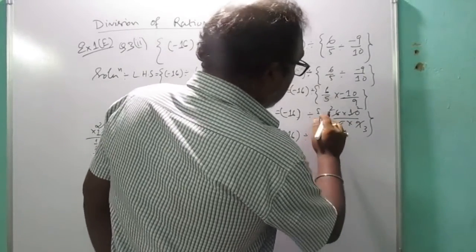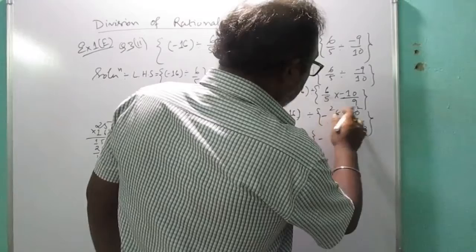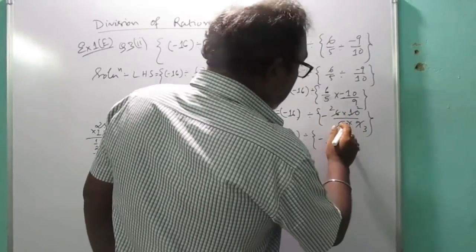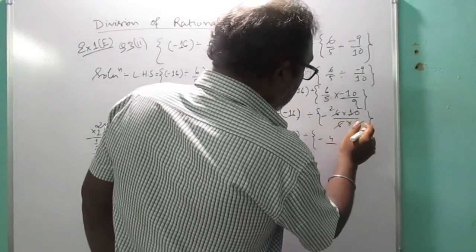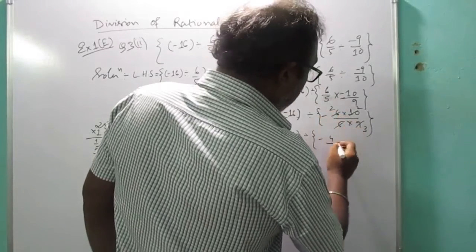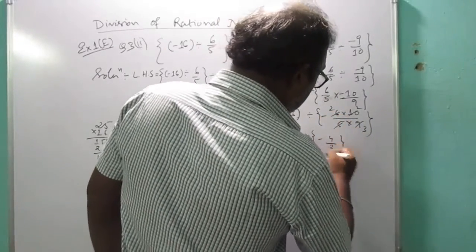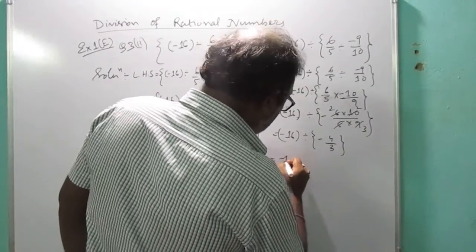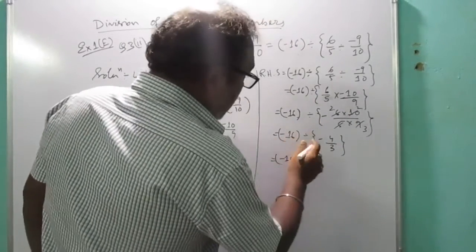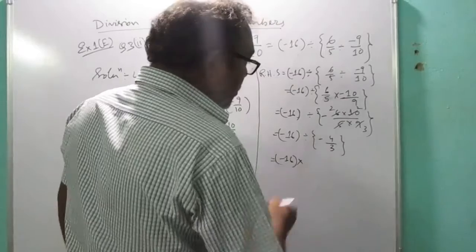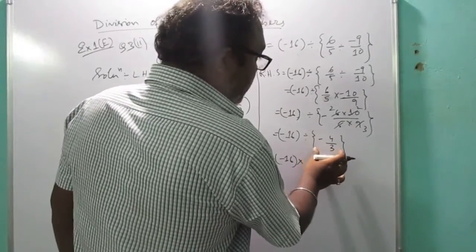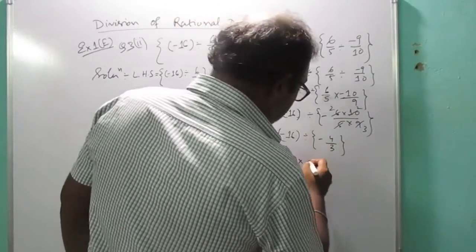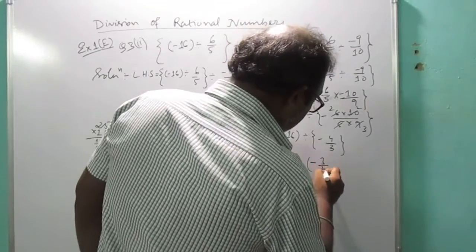Here it will be minus 2 2s are 4 by 3. Again here is division, we can do multiplication by reciprocating this minus 4 by 3. So we get minus 3 by 4.